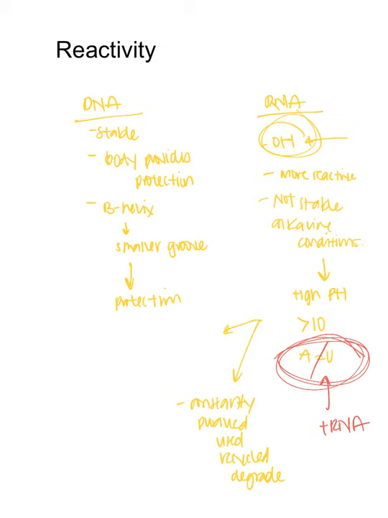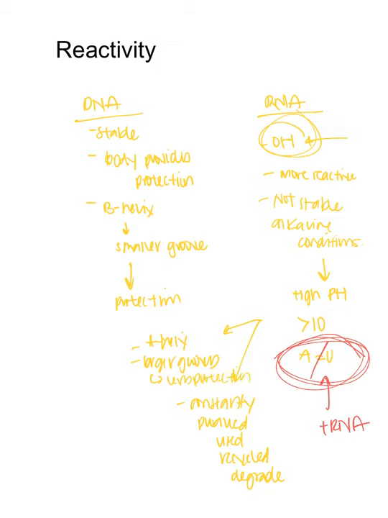One reason for that is because it has this A helix. It has grooves in the molecule that make it more susceptible to enzymes attaching onto it and destroying those nucleic bases and breaking those bonds. So the larger grooves provide less protection.